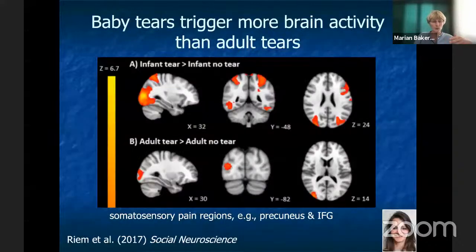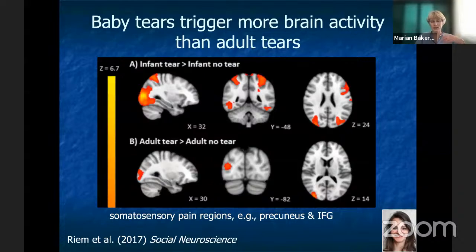And what we found was that infant tears evoke stronger responses in the visual cortex than adult tears, indicating that infant tears are highly salient, more than adult tears. In addition, our study shows that infant tears uniquely activate somatosensory pain regions, which could stimulate actions directed at the elimination of the source of pain.